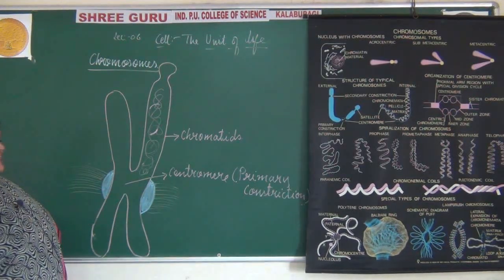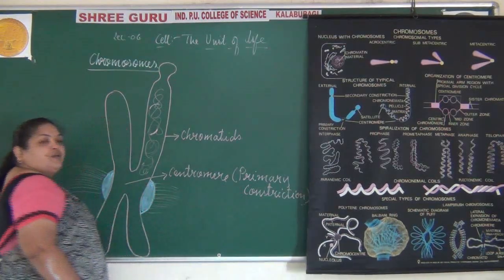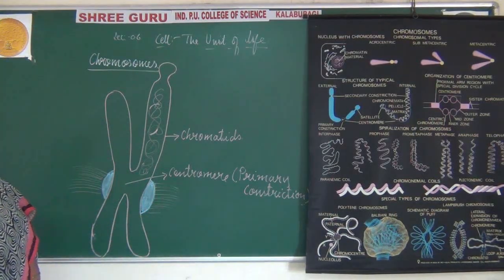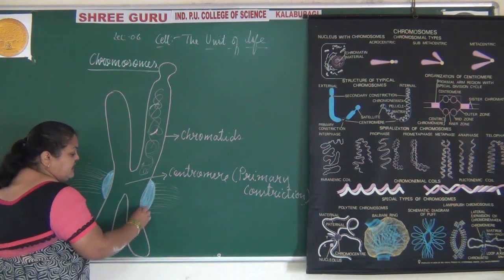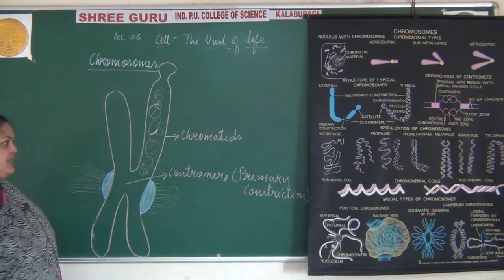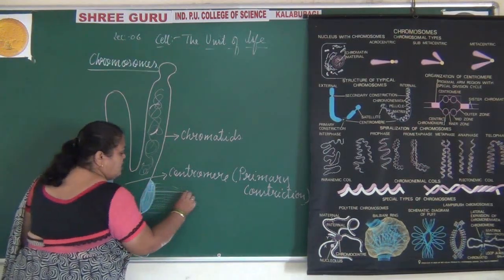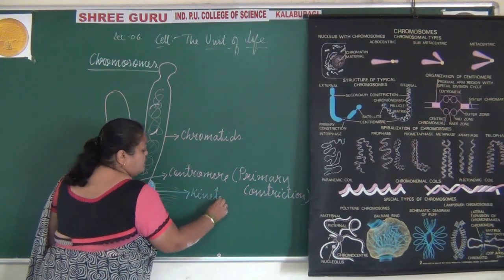That center is known as the primary constriction. There are protein complexes there. This protein complex is known as the kinetic core.